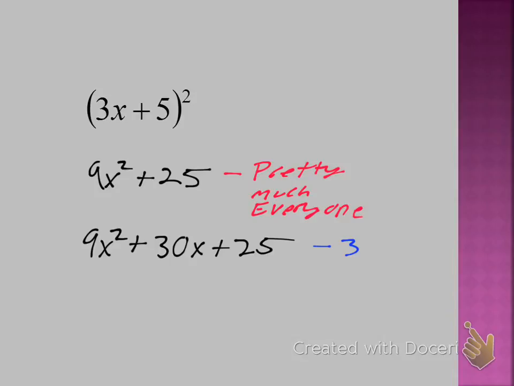Those of you that put 9x squared plus 25, I have a question for you. What's 7 squared? 49. How'd you get 49? 7 times 7, right? So how come you did this right, but you did this wrong?